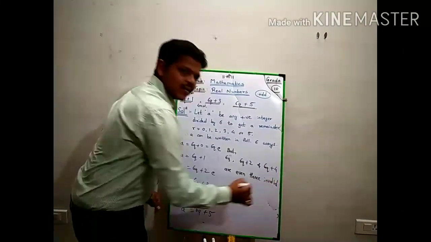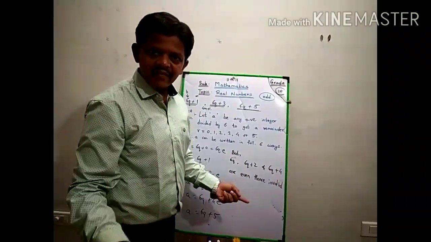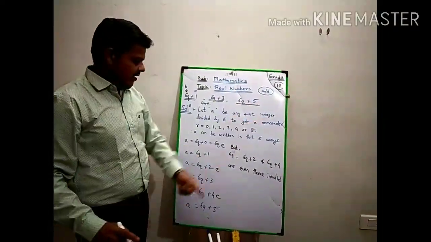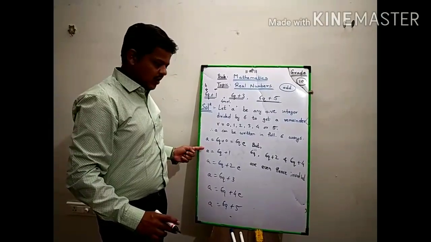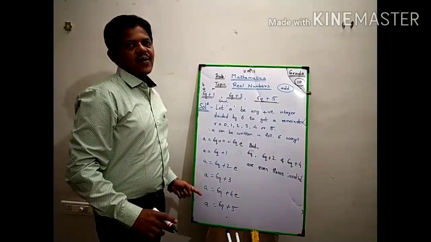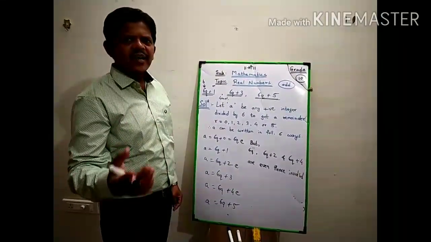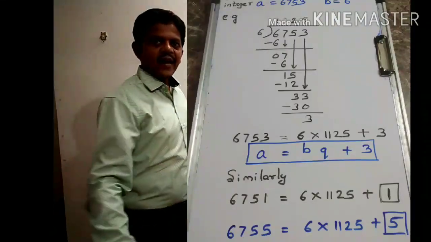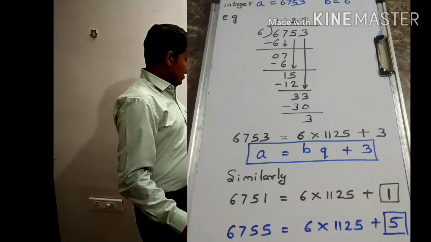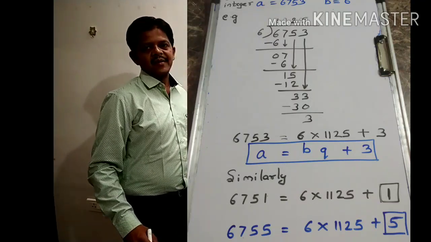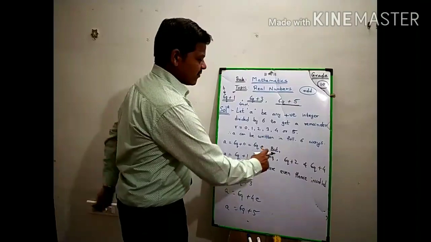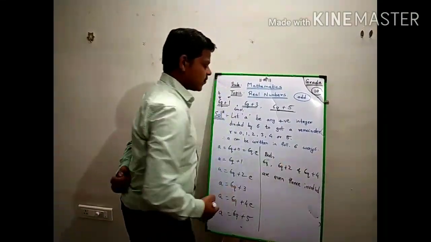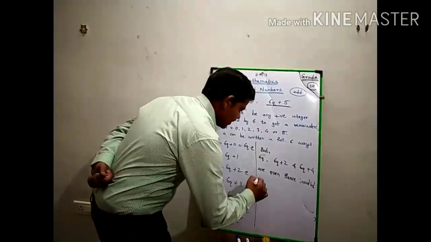Correct? So the odd numbers, whichever odd numbers are there, will either be of the form 6q plus 1 or 6q plus 3 or 6q plus 5. What you can do is check any random odd integer, and if you divide it by 6, you will get either this form or this form or this form. That you will do as an activity. So my final statement here: but 6q plus 2 and 6q plus 4 are even, hence invalid.